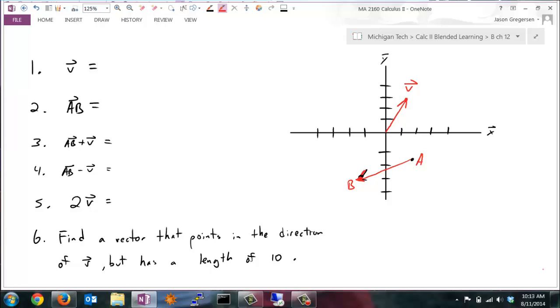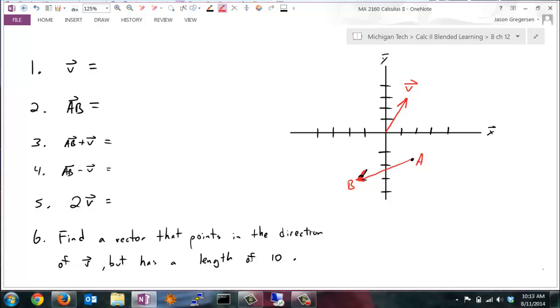It's not a quiz, so you can compare your answer to your neighbor's. Edge over here, I'll call it minus 2.